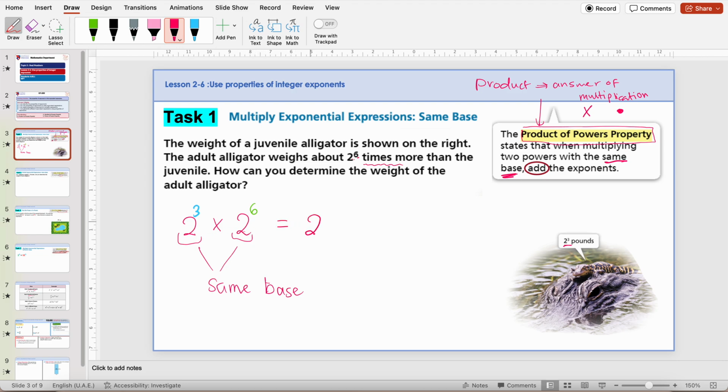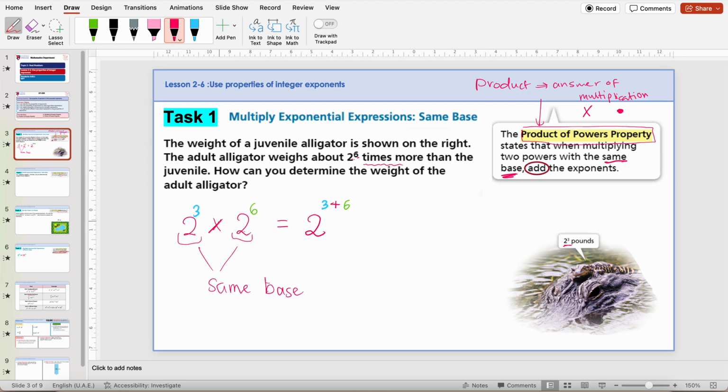Write the same base in the answer, and the property says you can easily just combine the exponents. 3 and 6, what are you going to do with them? You need to just add them.